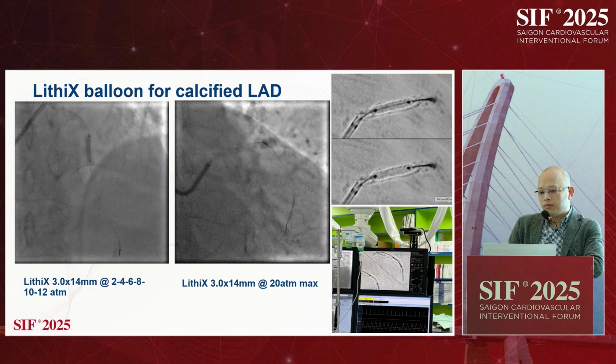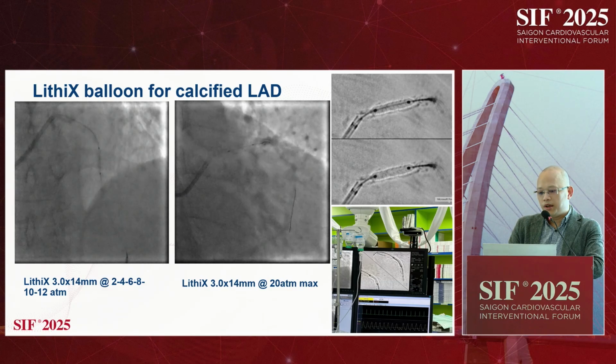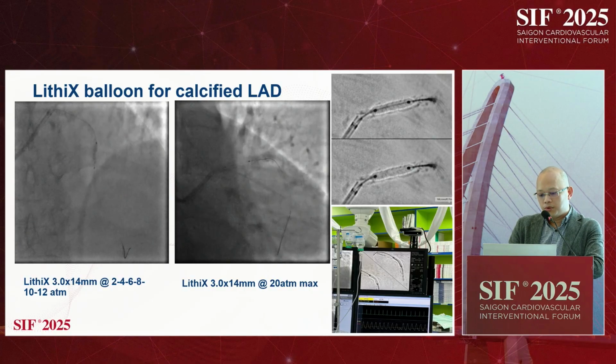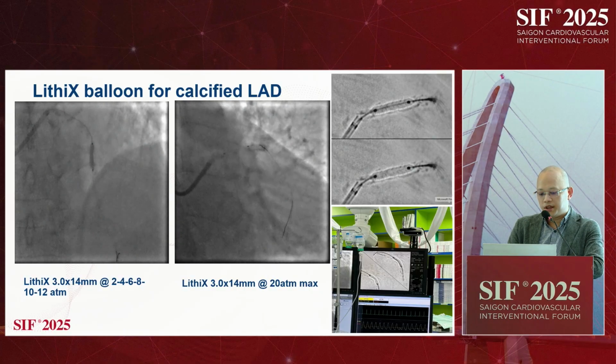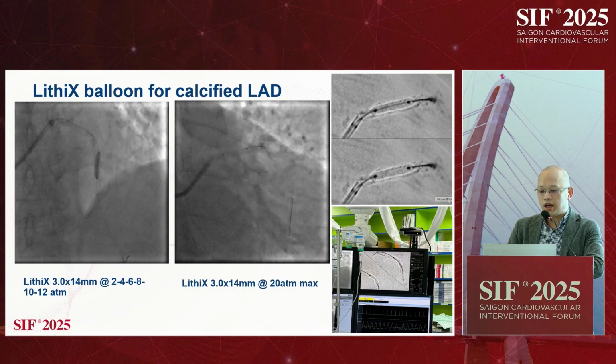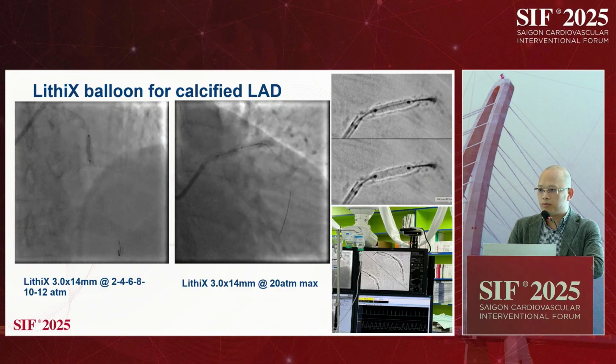We inflate starting with just 2 atmospheres, and every 5 to 10 seconds we go up by 2 atmospheres. For the mid part we went 2, 4, 6, 8, 10, and 12 atmospheres, which is the rated burst pressure.